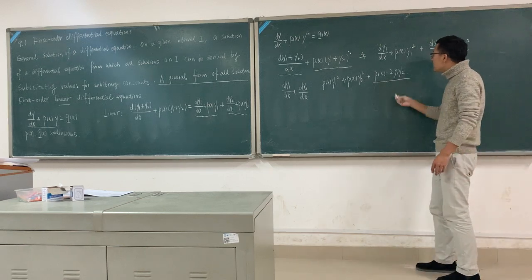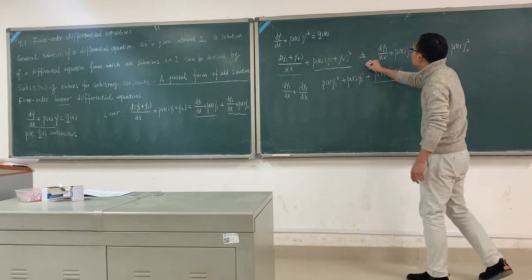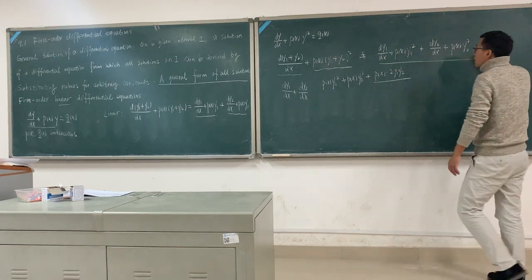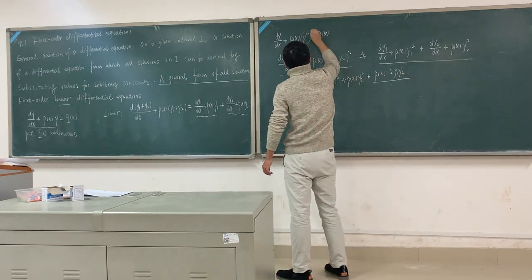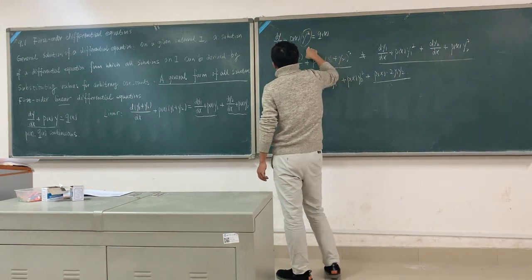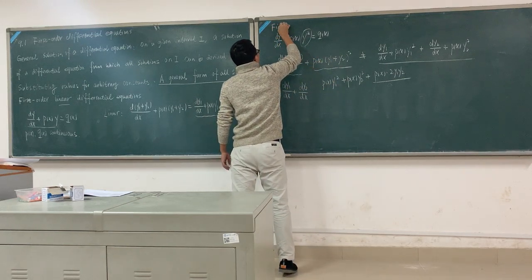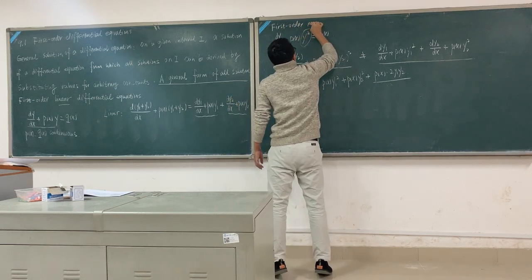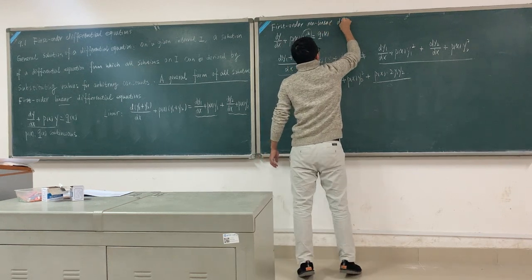So here we have this term, and this one does not equal the right hand side. This term is non-linear. So this actually is a first order non-linear differential equation.